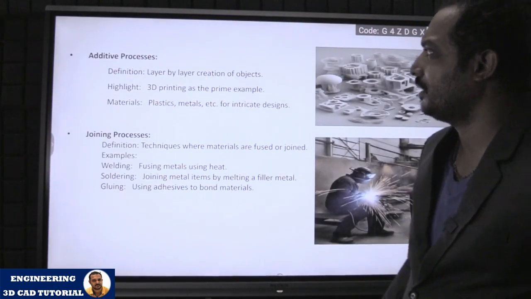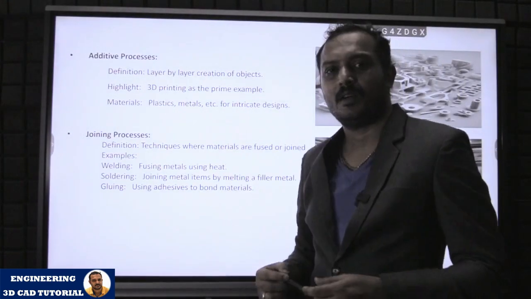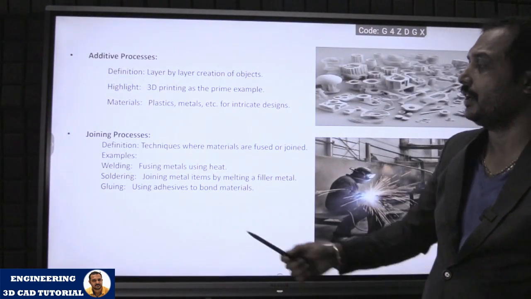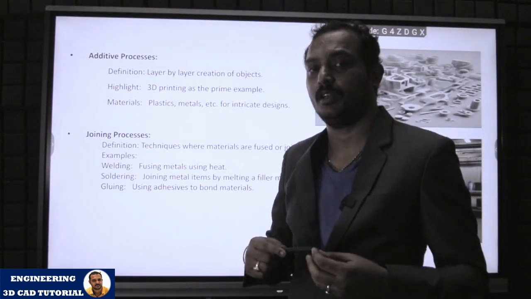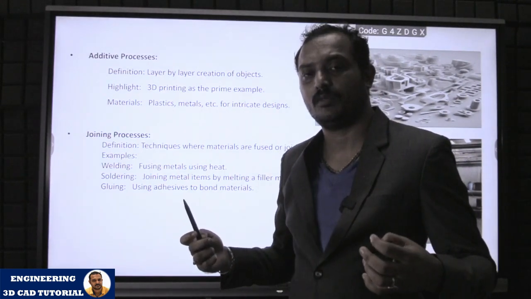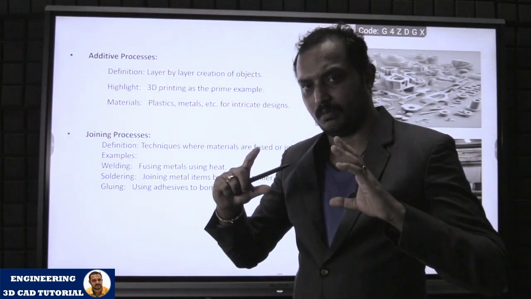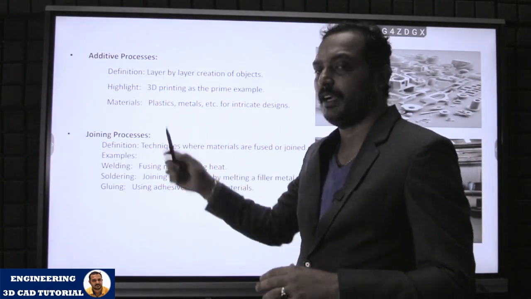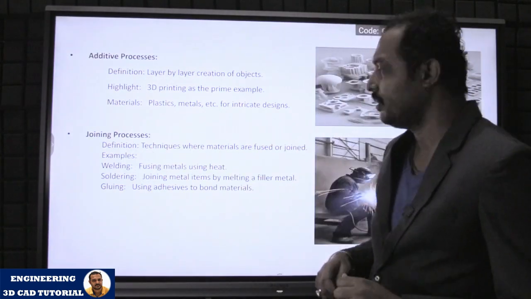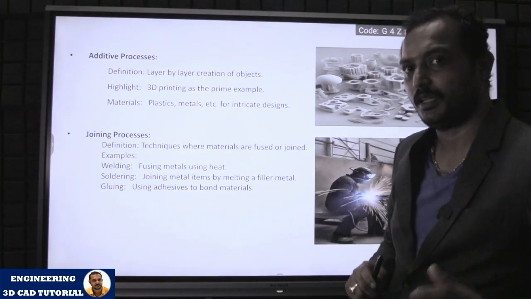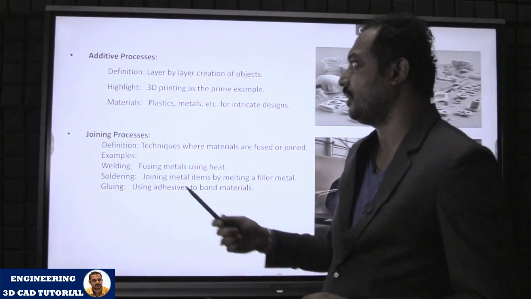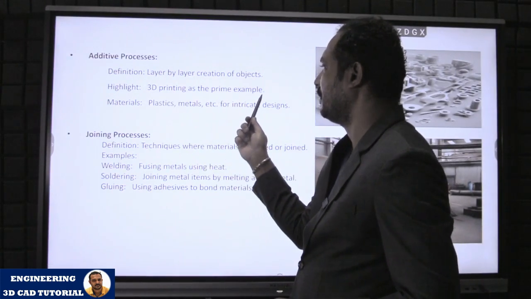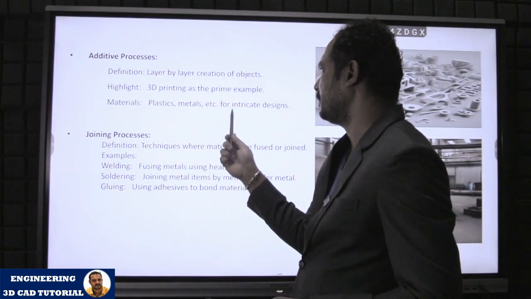Moving forward, the additive process, I told you, is advanced manufacturing. In advanced manufacturing we go to the additive process, where instead of removing material from the base raw material, you add layer by layer. If you see 3D printing technology, you can understand layer by layer objects, and 3D printing is the prime example.